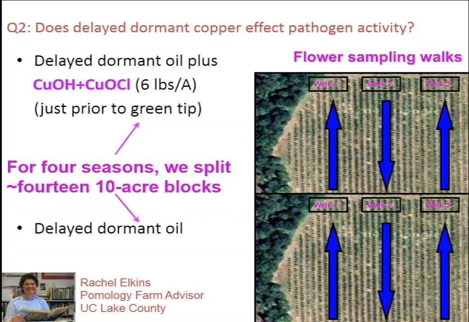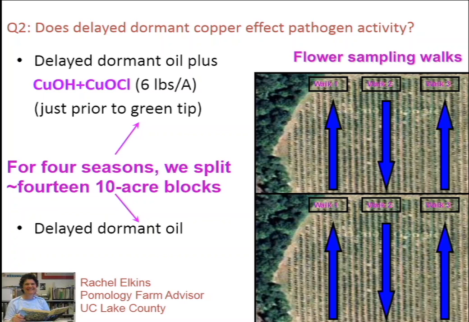So what we did was when bloom came, we actually walked up and down the fields and collected samples of blossoms throughout the bloom season, throughout the fire blight season, and we sent those up to Ken's lab, and Ken ran essentially a PCR test on them called LAMP, and he was able to determine whether there was fire blight pathogen or inoculum in the flowers through the season that we sent him.